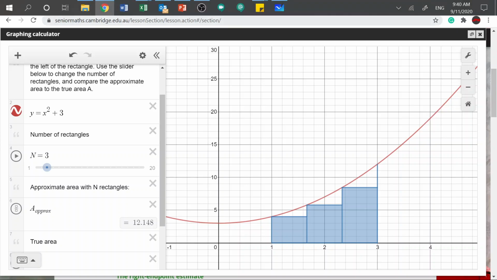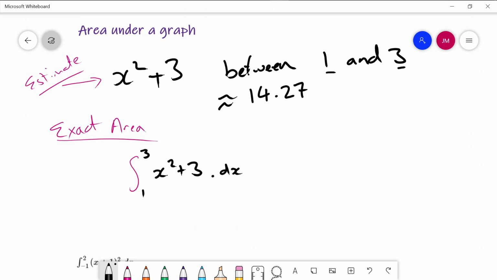Let's have a look at how we set out our working. We'd find the antiderivative of this. Again, just to recap, we add 1 to the power, so it becomes x cubed, and we divide by that new power. We can integrate each of these terms separately, so plus 3 is the same as plus 3x to the power of 0, so we add 1 to the power and get plus 3x.